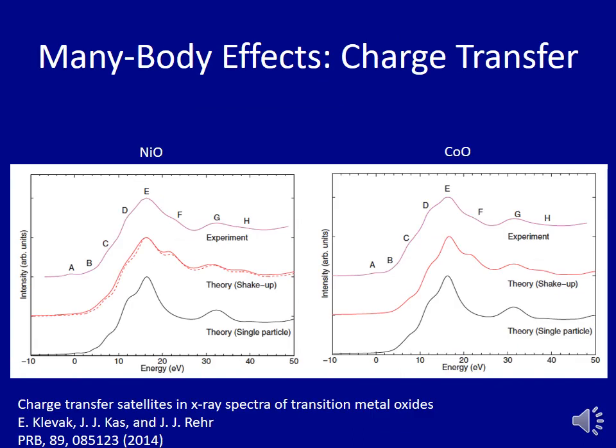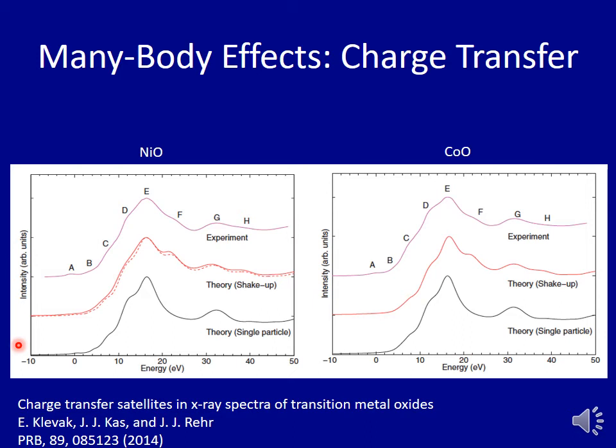Okay, so you can also have further many-body effects that cause satellites in the spectrum or extra peaks. And in particular, you can see this in transition metal oxides as charge transfer effects, charge transfer excitations. And what happens is basically when the core electron is kicked out and a core hole is created, that sudden appearance of a core hole creates excitations of the valence electrons.